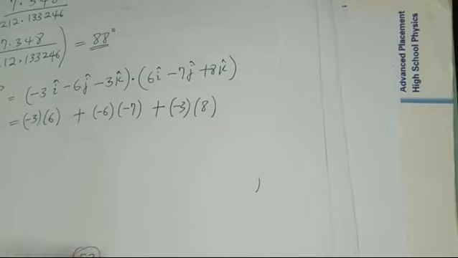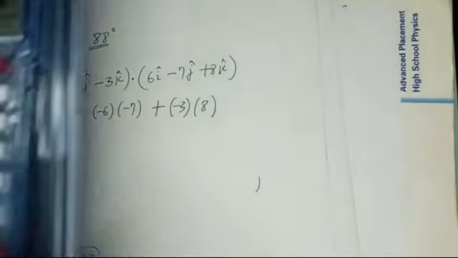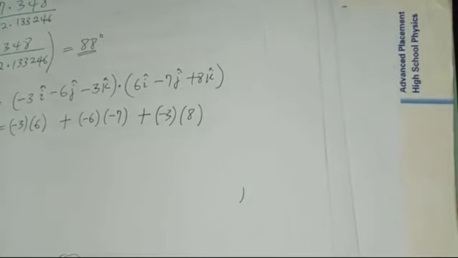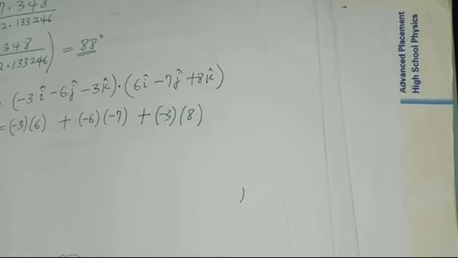Now if this evaluation gives you 0, they are perpendicular, otherwise they are not. So let's check if it will give us 0. We open bracket, negative 3, close bracket, open bracket 6, close bracket, plus, open bracket negative 6, close bracket, open bracket negative 7, close bracket, plus, open bracket negative 3, close bracket, open bracket 8, close bracket.